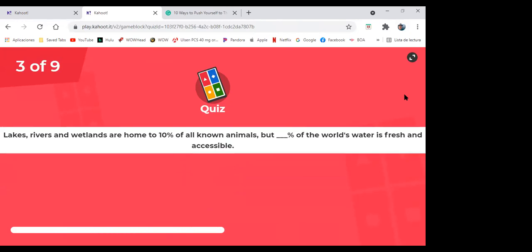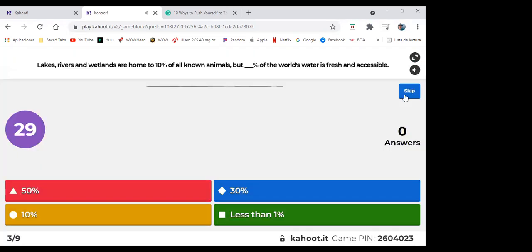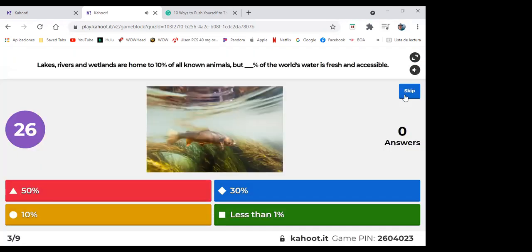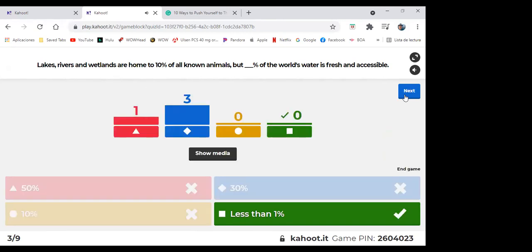Lakes, rivers, and wetlands are home to 10% of all non-animals, but what percent of the world's water is fresh and accessible? Hey, difficult question, maybe. Less than 1%. Yes, no one. Oh my God.